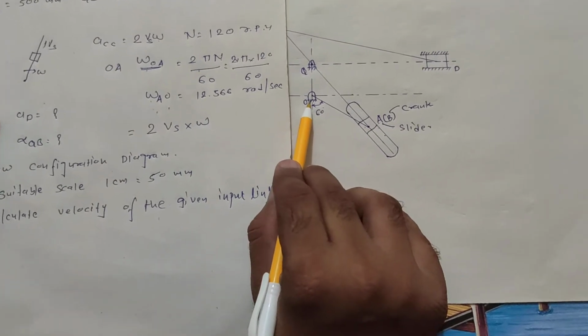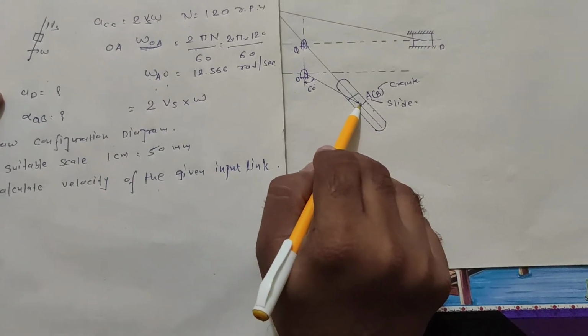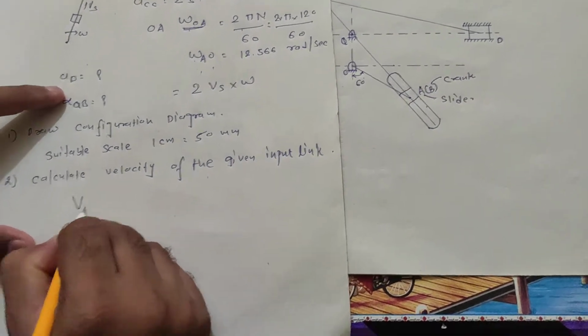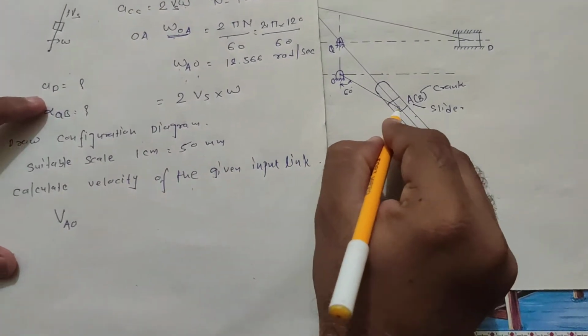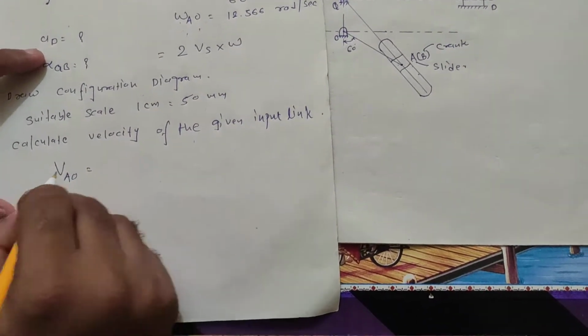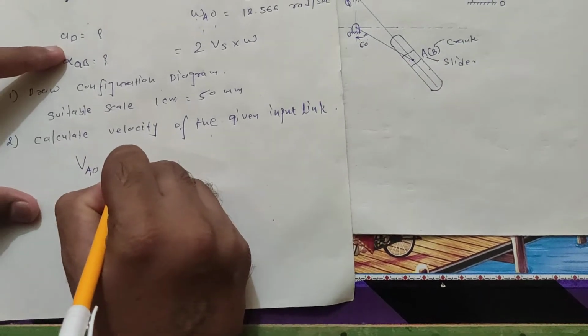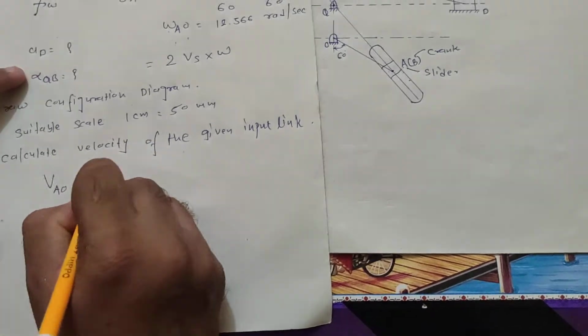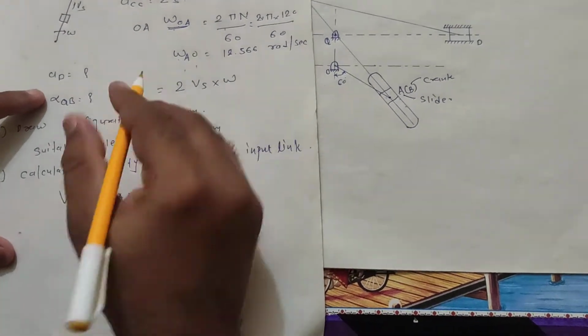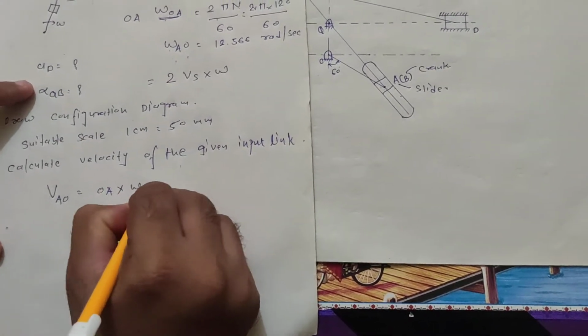O is a fixed point, and A is our opposite side point. So that velocity is nothing but VAO, A with respect to O, or it may be given like VA. We have to know the length OA into omega AO.